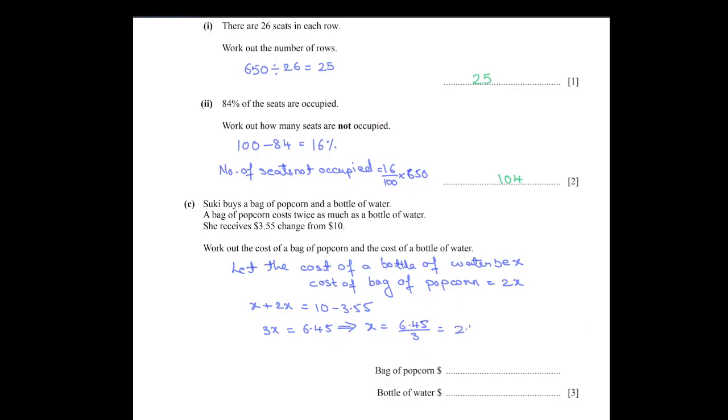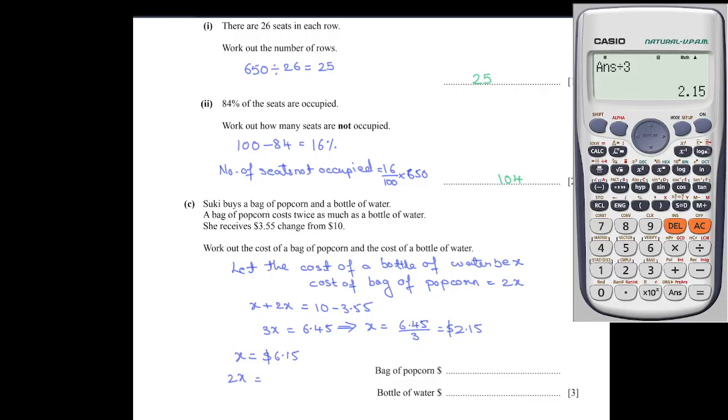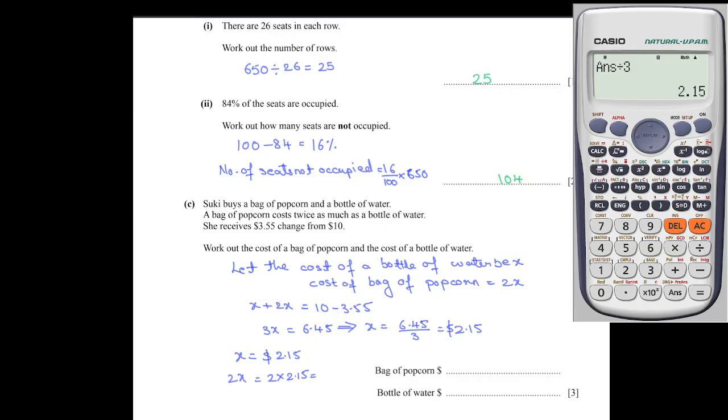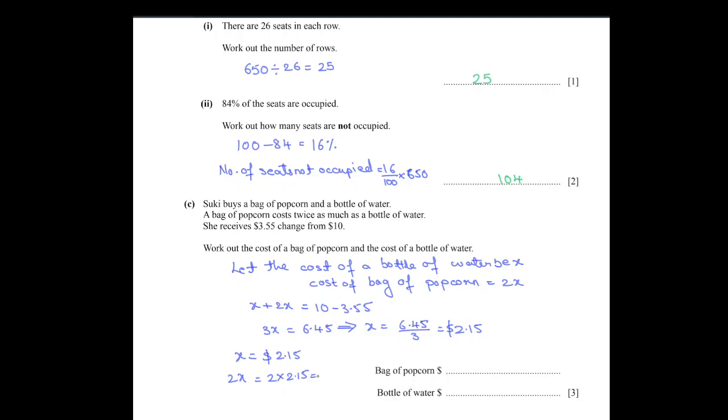So x is 2.15, that is the cost of the water bottle, and the cost of the popcorn is 2x, which is 2 times 2.15, which is $4.30.